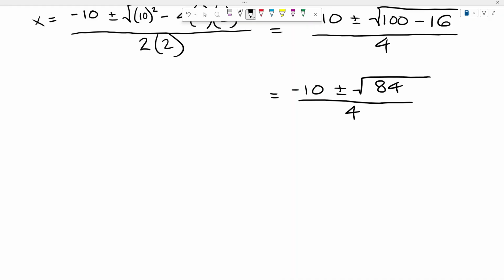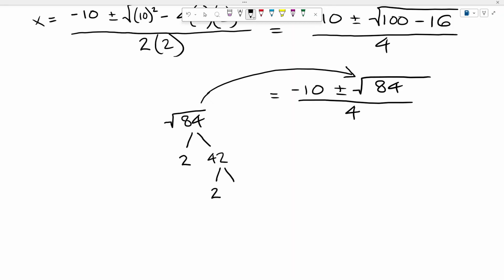And we will simplify this a little bit. If you recall how we did that, we're going to simplify the square root of 84. So what do we have for factors of 84? We know that's 2 times 42. And 42, that's 2 times 21.